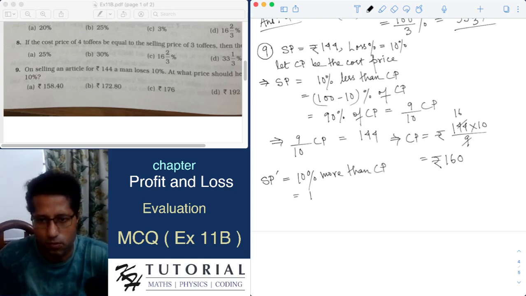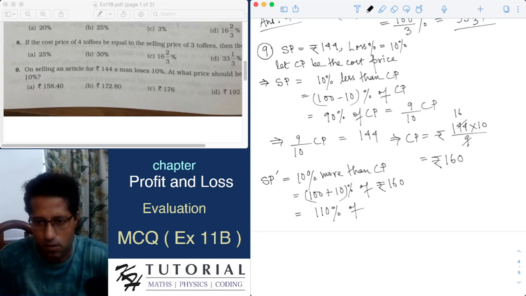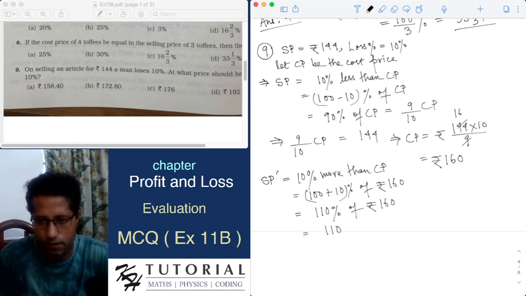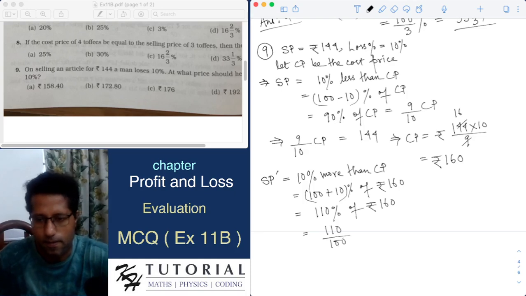This is equal to 100 plus 10% of cost price, means rupees 160. This is 110% of rupees 160. This equals 110 divided by 100 multiplied by rupees 160. 0 cancels, 0 cancels.